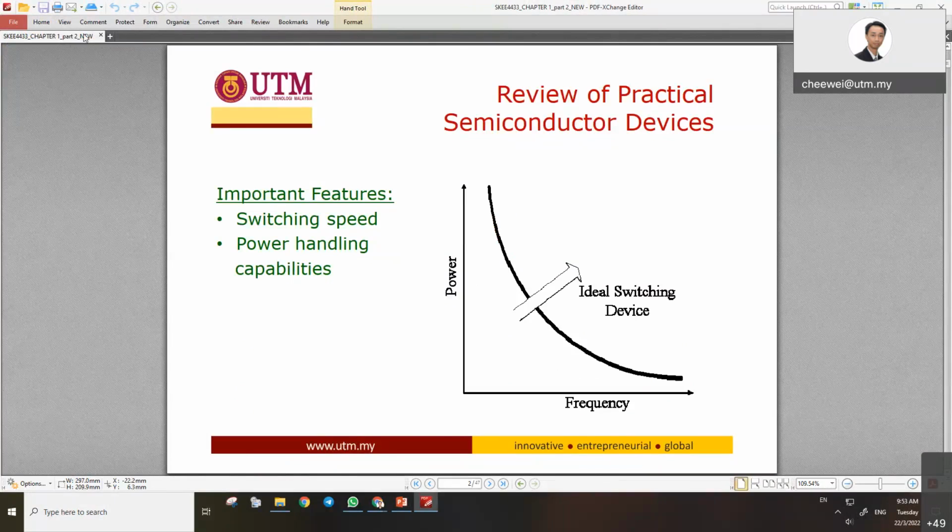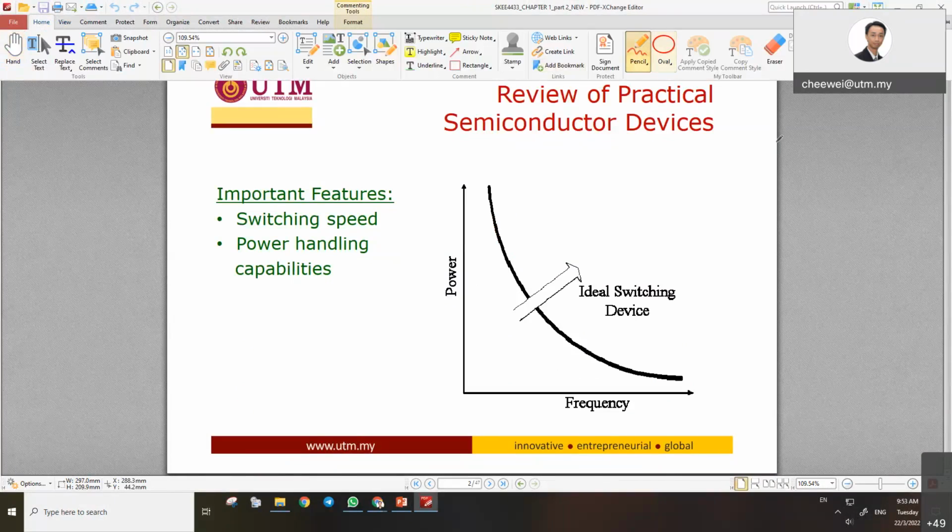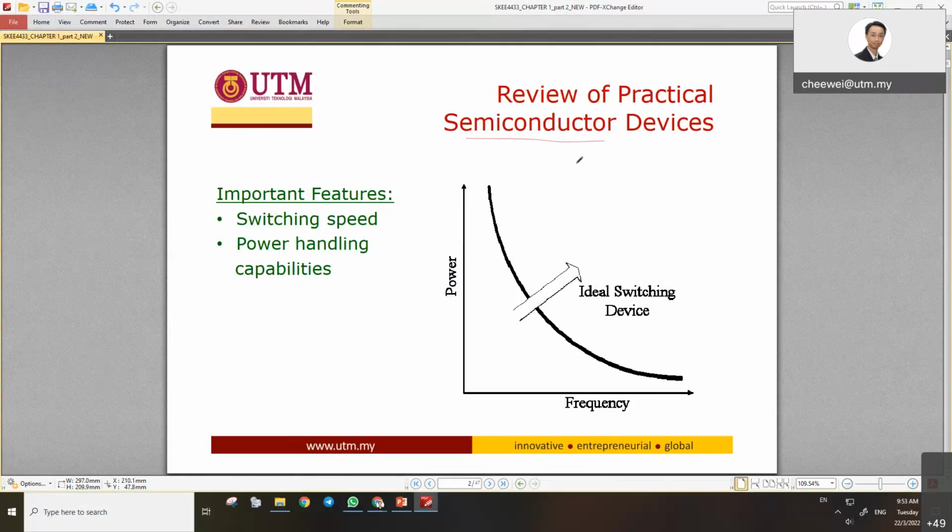What is a semiconductor device? A semiconductor is a device that operates in between the state of conductor and insulator. In normal conditions, a semiconductor is an insulator, it doesn't conduct electricity.